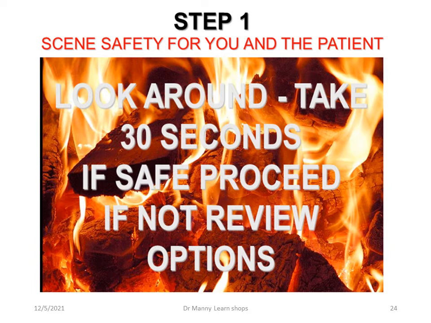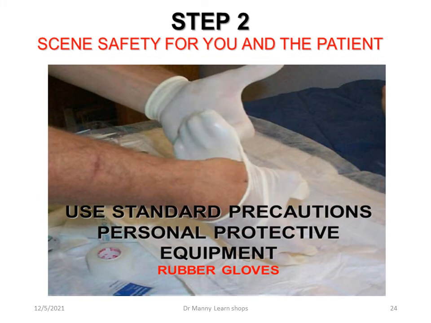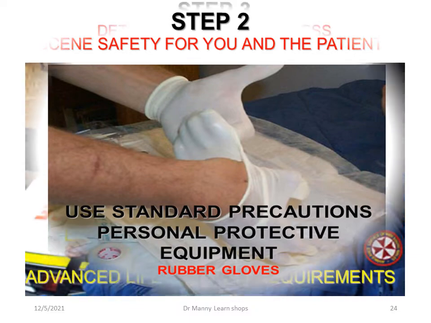You may have to move the patient, the victim, to an area that is more secure and safe. Use standard precautions. Personal protective equipment. It does protect you and it does protect the patient. Rubber gloves is one of the standard issued pieces of equipment that you can use to protect yourself.